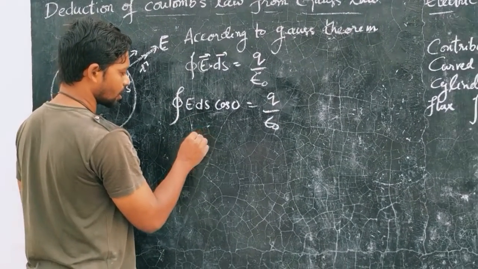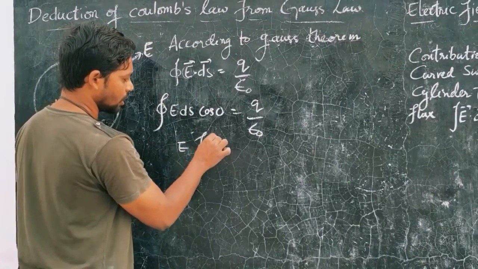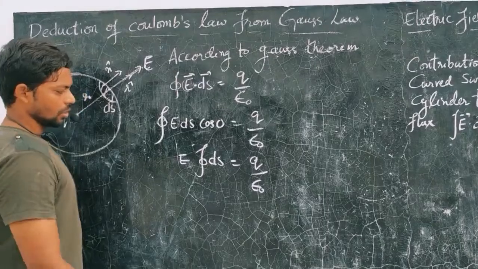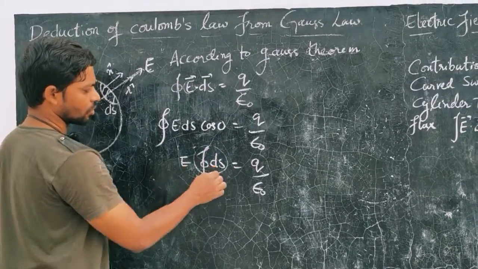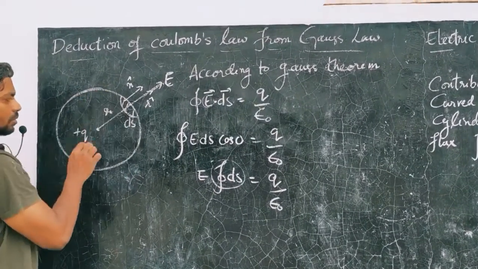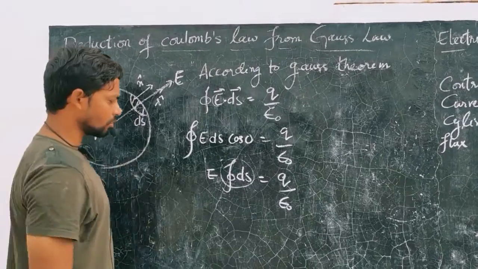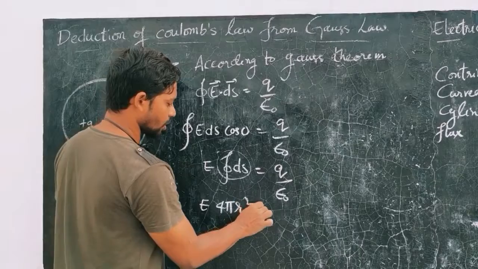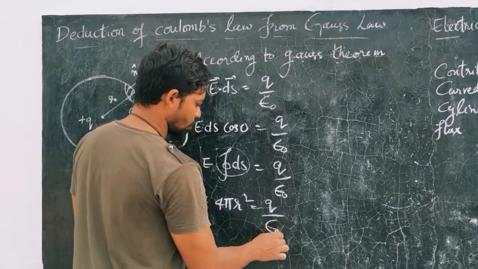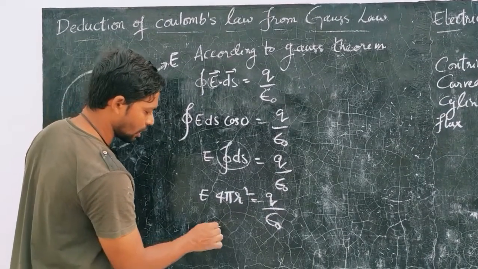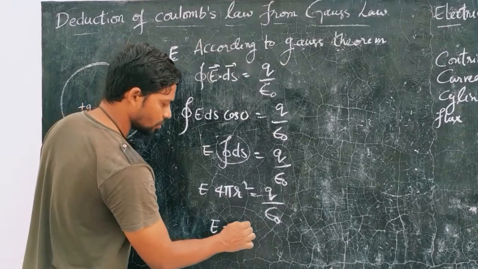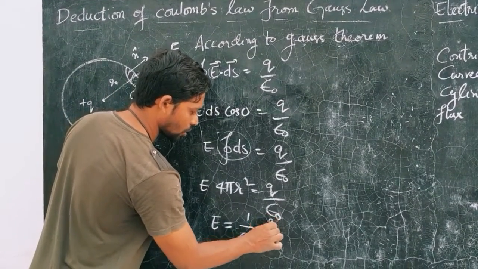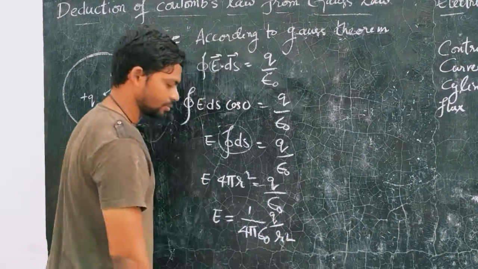So now here I can write integral dS is equal to Q by epsilon naught. You can see here integration of all these small elements is nothing but the surface area of the sphere. So E 4 pi r square is equal to Q by epsilon naught. And E value is equal to 1 by 4 pi epsilon naught Q by r square.